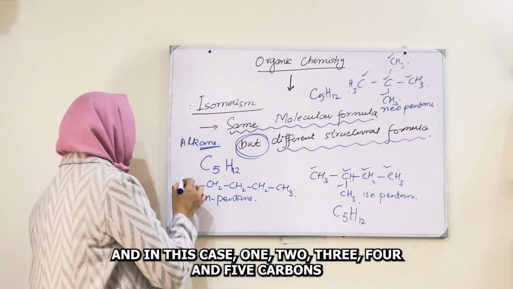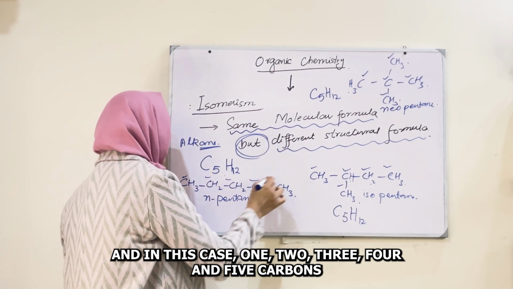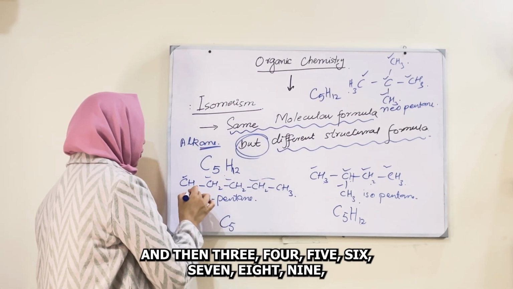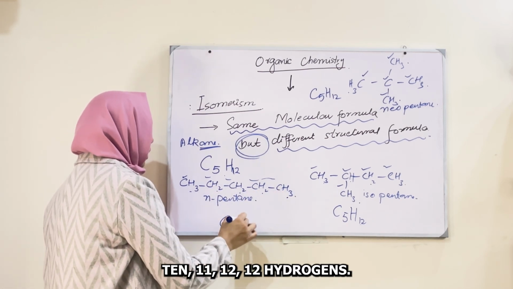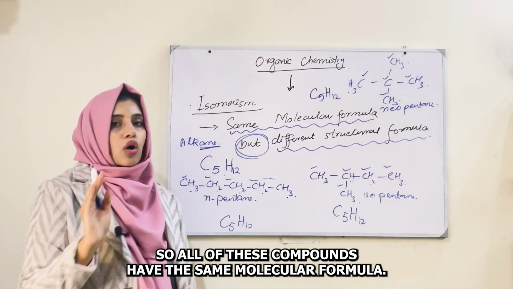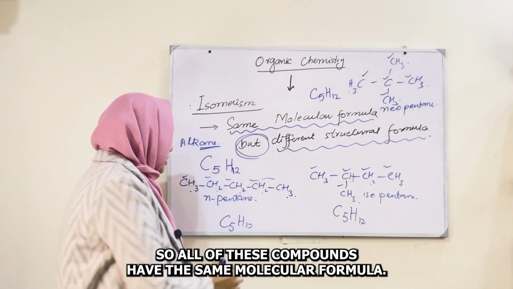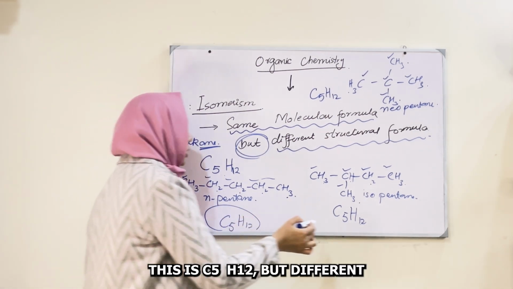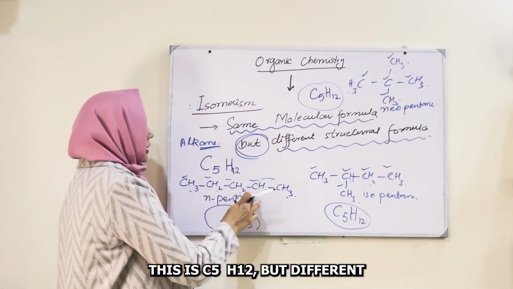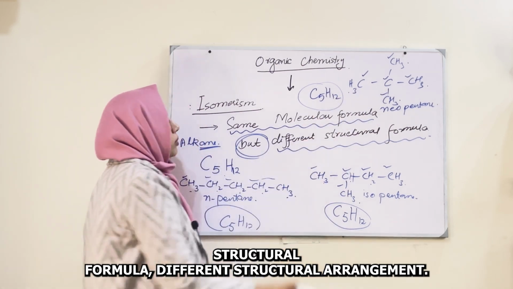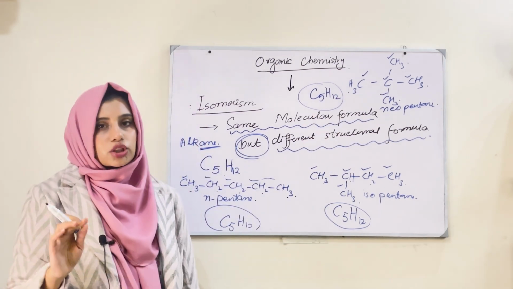And in this case, 5 carbons and then 3, 4, 5, 6, 7, 8, 9, 10, 11, 12 hydrogens. So all of these compounds have the same molecular formula, C5H12, but different structural formulas, different structural arrangements.